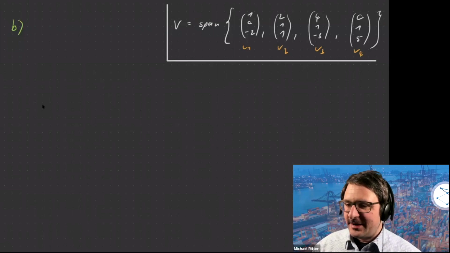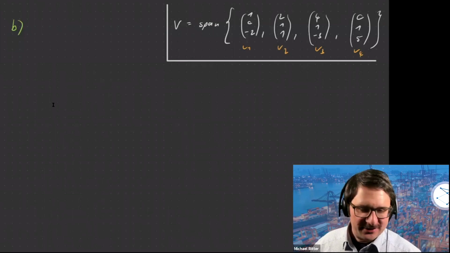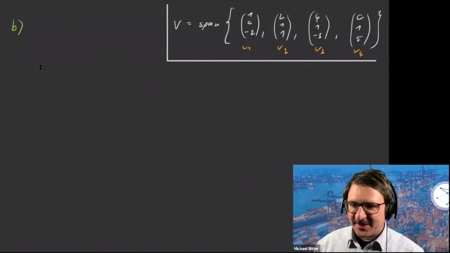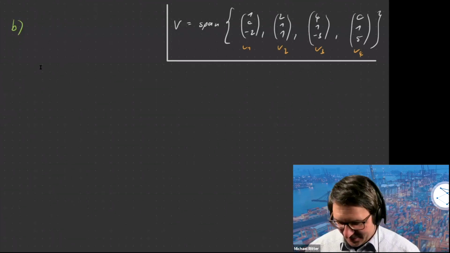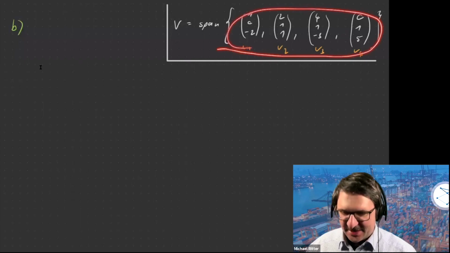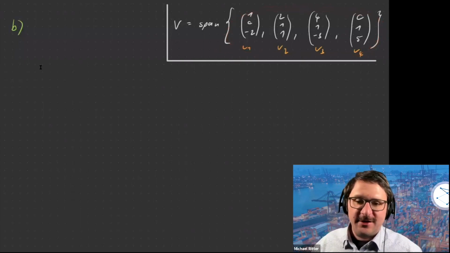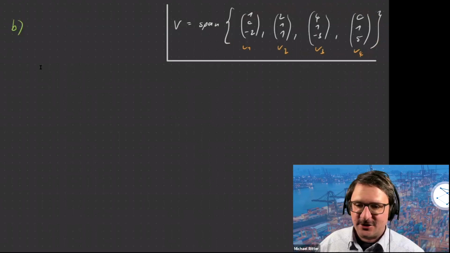So we did 3 a, and actually that was the longest one, so the rest should be shorter. Part b, I wrote down the vectors that span that space V once again, and part b is the question: write v4 as a linear combination of v1 and v2.